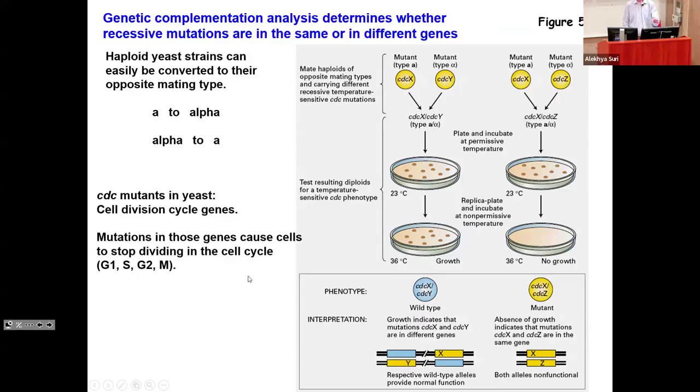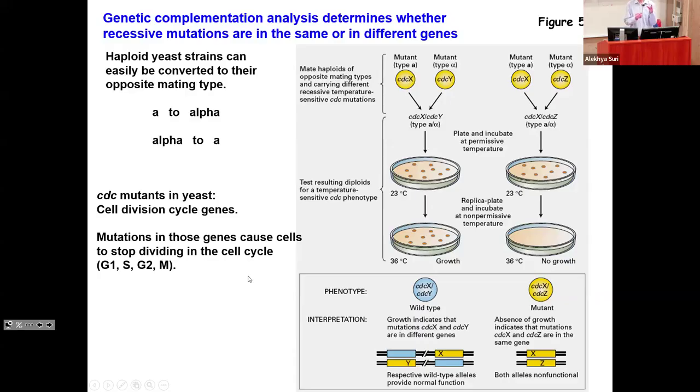So what you do in the complementation analysis is you create diploid strains from haploid yeast strains. In doing so, this shouldn't confuse you. You have one set of mutant cells, for example, with a mating type.